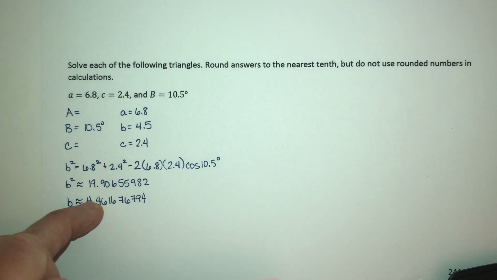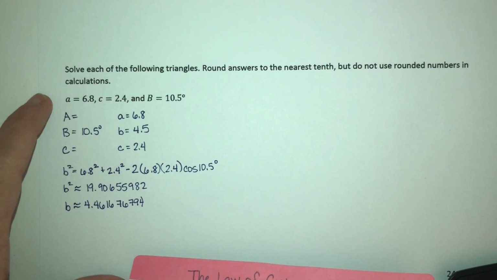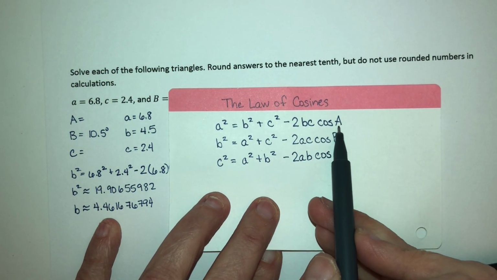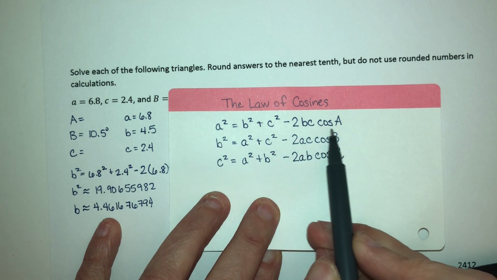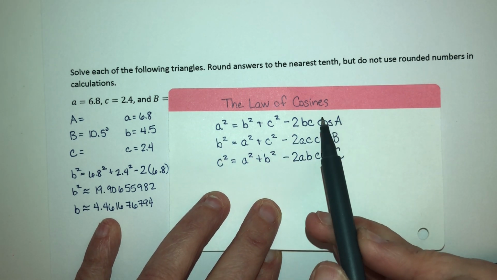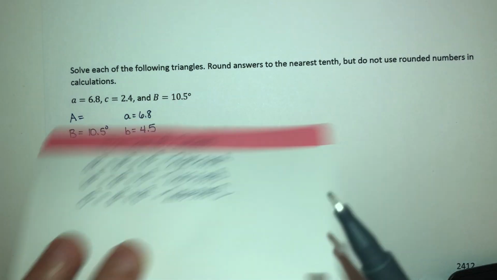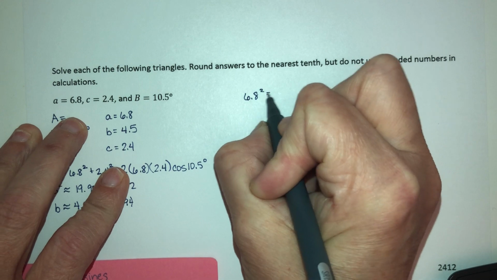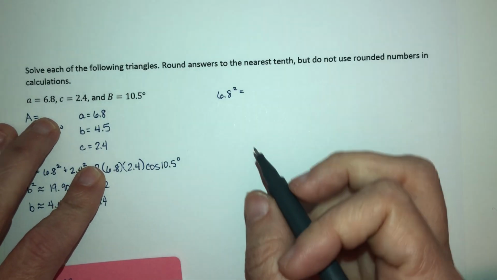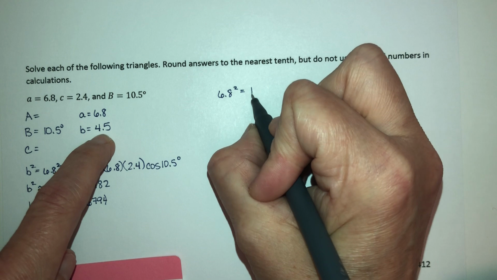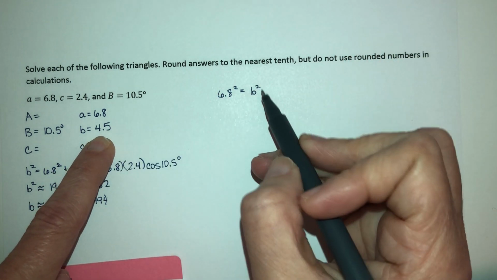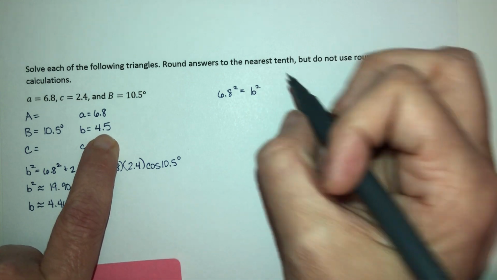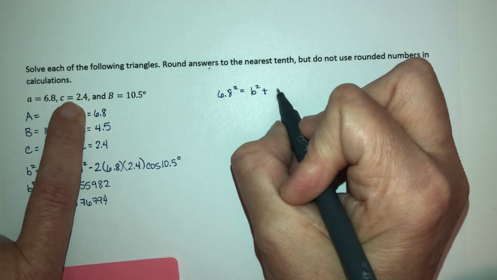Okay, so I found B. Now I need to find angle A and angle C. So I look for where I have angle A, which is right here, and now I have every piece I need except for that A. So I'm going to plug in side A squared equals side B squared. And I'm not going to write this in because this will help me remember that I need to use the calculator button, where I have it in memory, plus C squared.